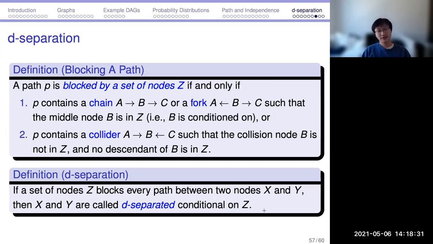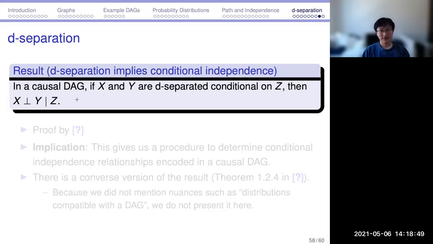Okay, so what's the use of D-separation, as you probably would have imagined? If X and Y are D-separated by Z, if X and Y are here and Z is in the middle, it blocks every path, then we have this result: X is independent of Y, conditional on Z. So if we're blocking the paths between X and Y using the set Z, then it gives this conditional independence result.